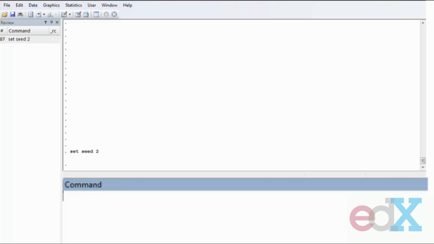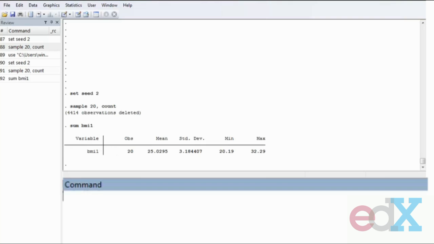So now we should be able to take the exact same random sample by typing in sample 20, count. Once you've taken your random sample, type summarize BMI1 to get a picture of what's going on in your sample. See that we have sample mean x bar equal to 25.0, sample standard deviation equal to 3.2.